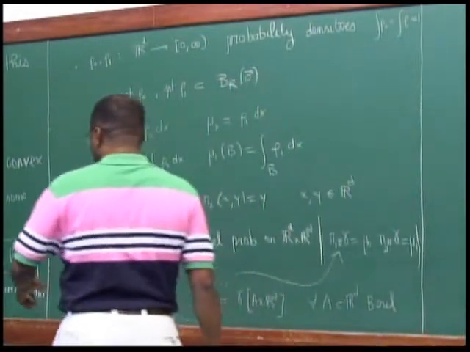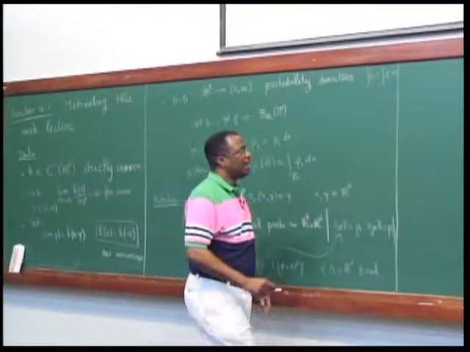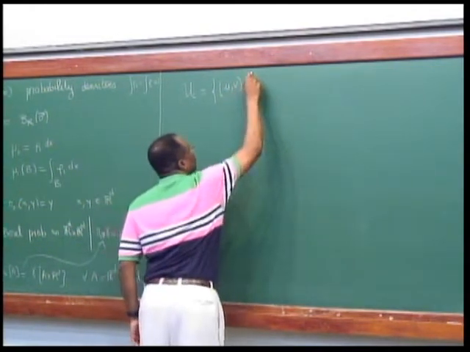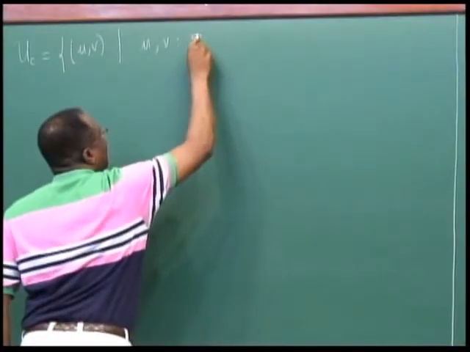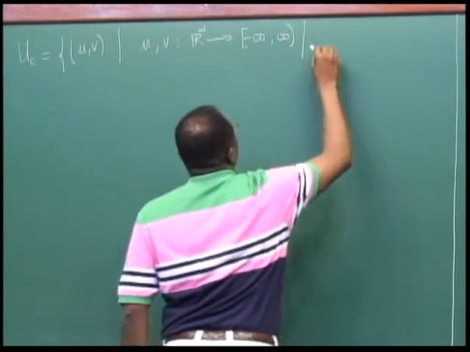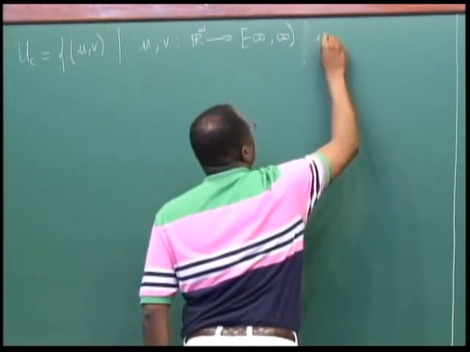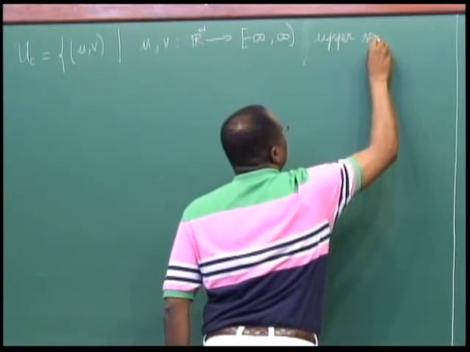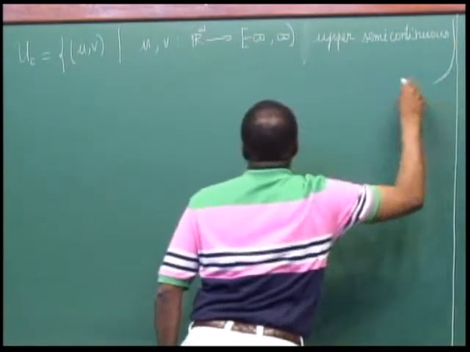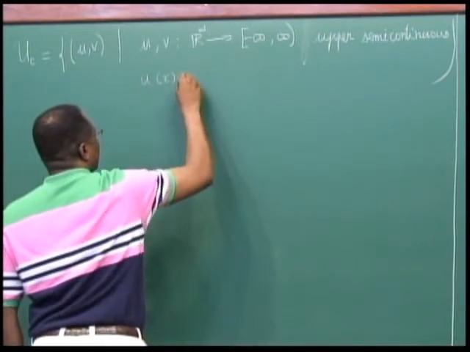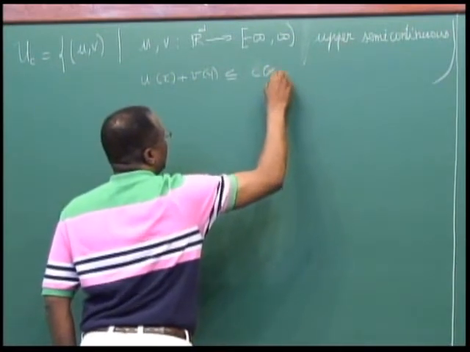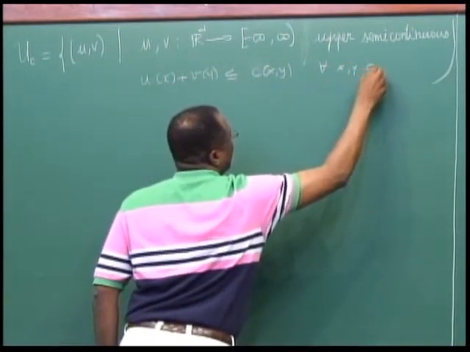So given this cost function c, I am going to define Uc as the set of u, v such that u, v are from R^D to negative infinity, plus infinity, and satisfy the condition that they are upper semi-continuous and satisfy the condition that u of x plus v of y is less than or equal to c of x, y for every x, y in R^D.